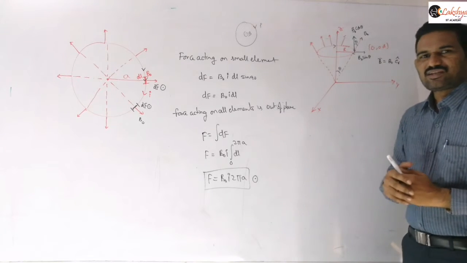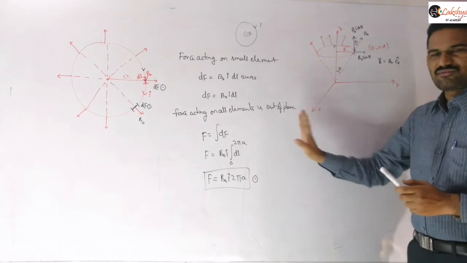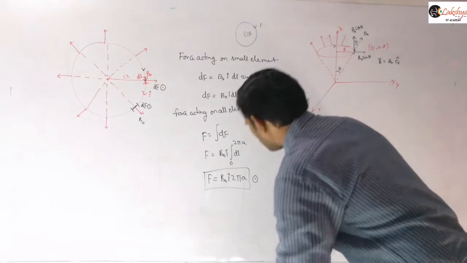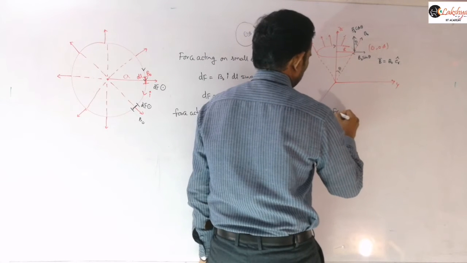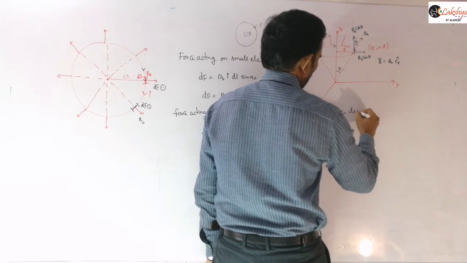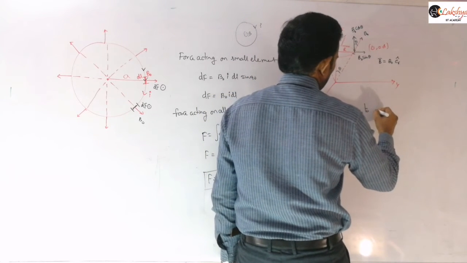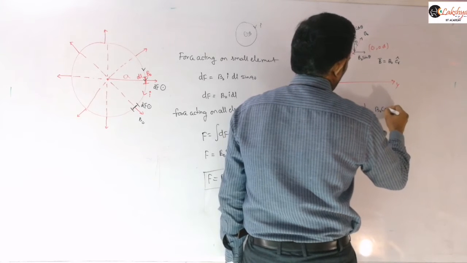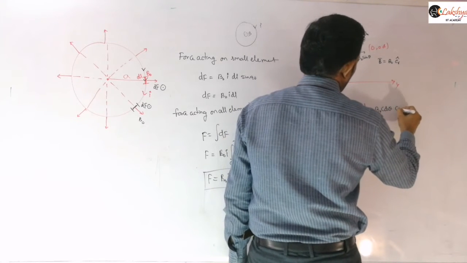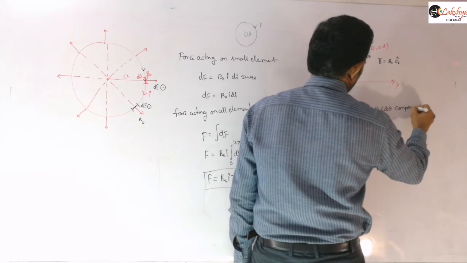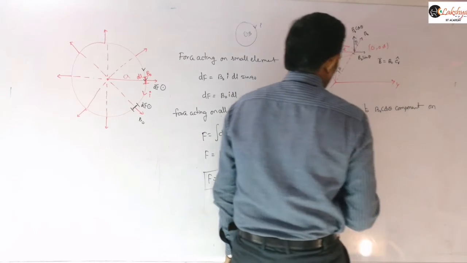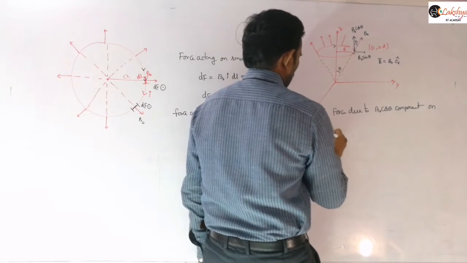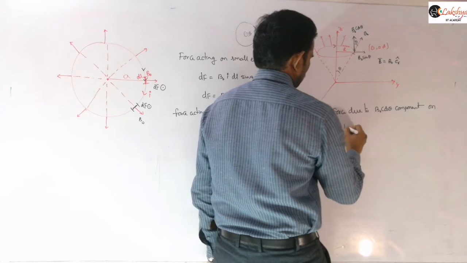So only due to b sin theta will that force be there, which is similar to that of this problem, right? And so now here I am writing: force due to b naught cos theta component on the circular loop is 0.